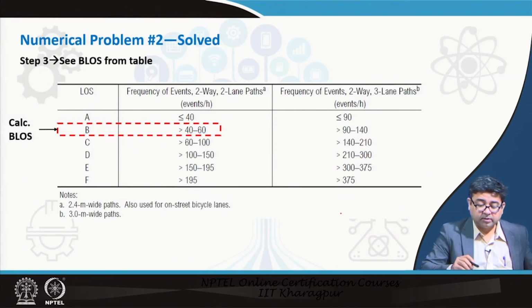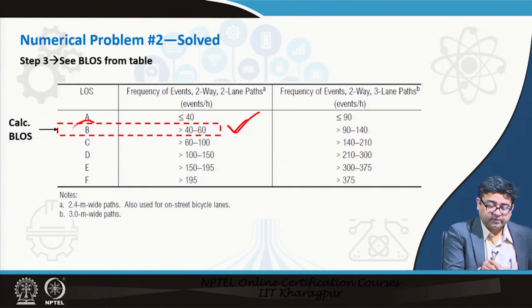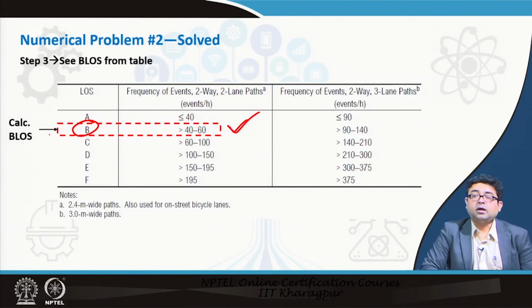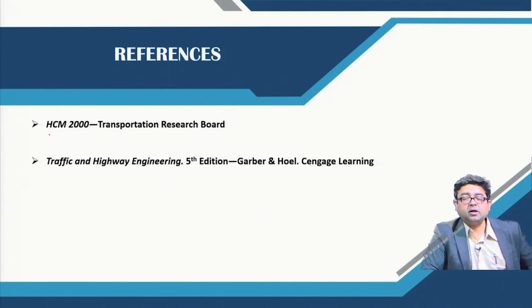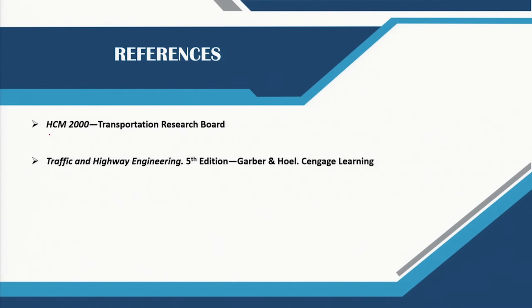If you have the total number of events as 56, then you can go back to your standard table and you can know that the level of service of that on street facility is B. Okay. So, that is how you measure the level of service of on street facilities as well as of protected bicycle lanes that can be either exclusive to bicycles or can be shared with pedestrians as well.